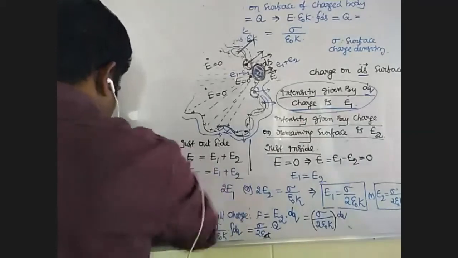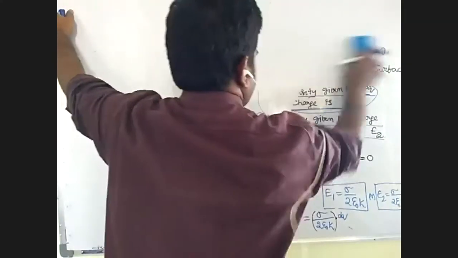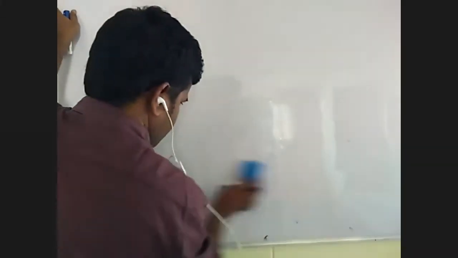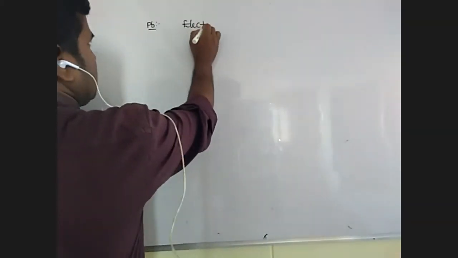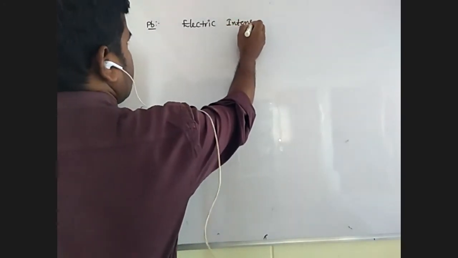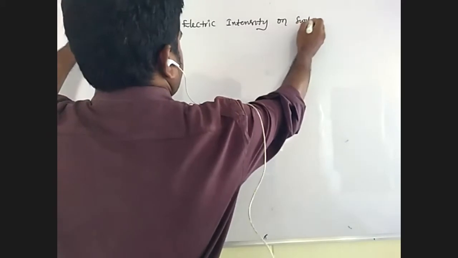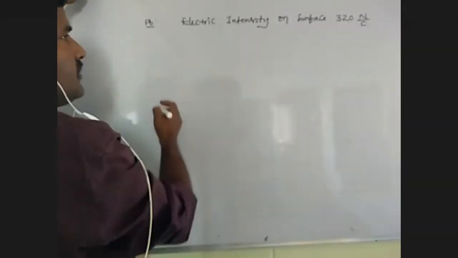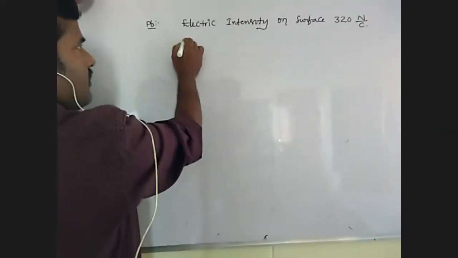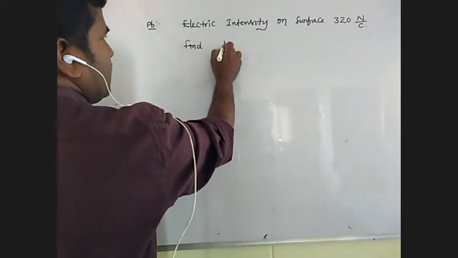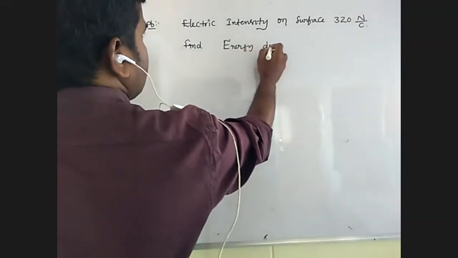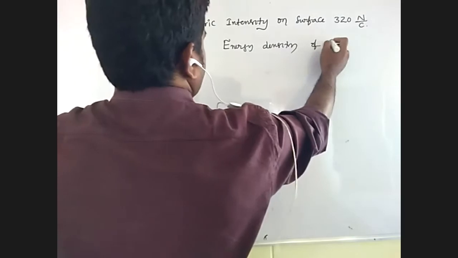The question is given. The electric intensity on the surface is 320 Newton per Coulomb, and we have to find the energy density of the charged body.